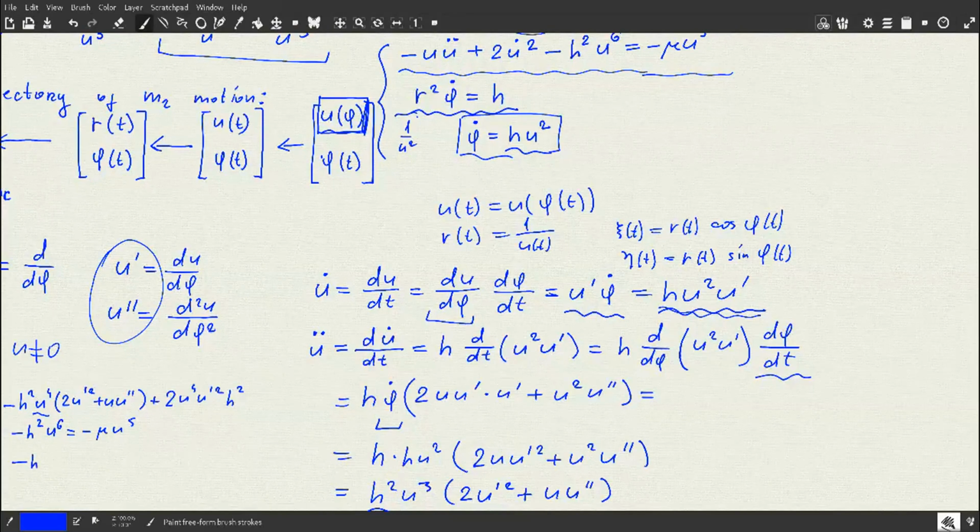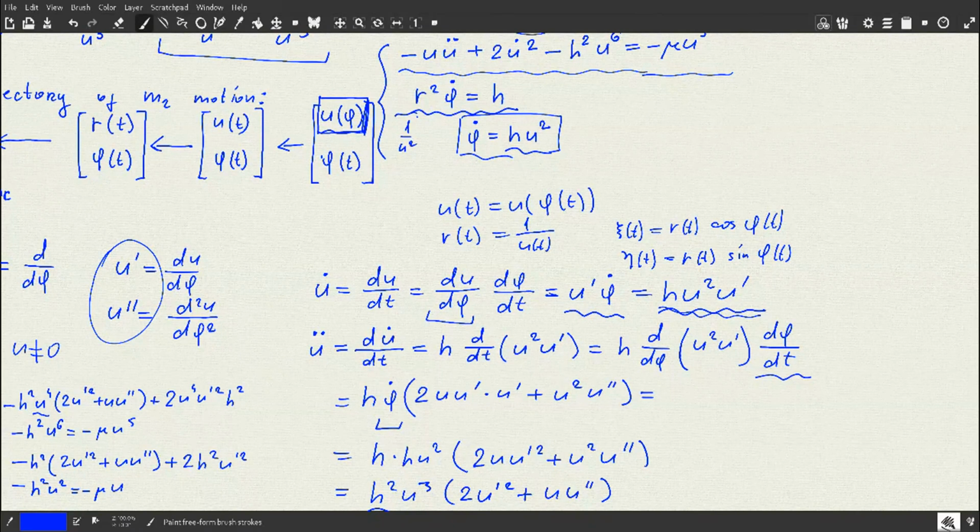Therefore, we get minus h squared times 2 u prime squared plus u double prime, plus 2 h squared u prime squared, minus h squared u squared, equals minus mu times u.